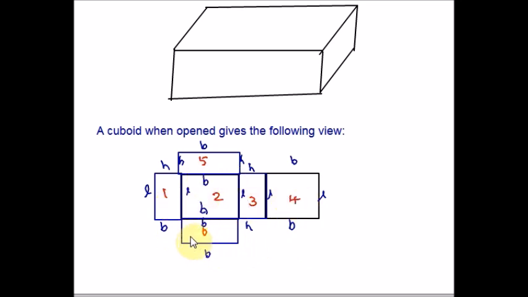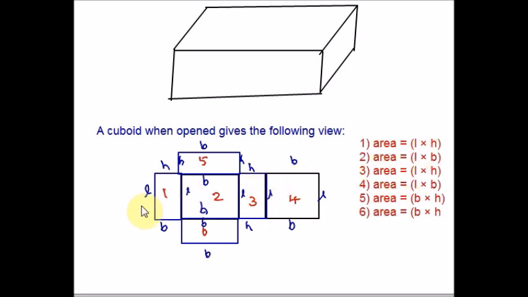So 6 rectangles where L, B, H are the edges of the cuboid. The areas of these 6 rectangles, in consecutive order from 1 to 6, we can find using the area of a rectangle formula. So for each number, I have mentioned the area formula. When we sum up all the areas, we get the surface area of the cuboid.